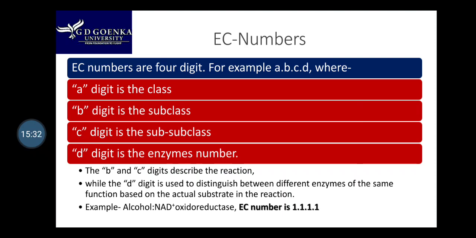So 1, the first digit, indicates the class of the enzyme, the second and third indicate the subclasses, and the last number is the enzyme number. Under the subclass 1, the first enzyme is the alcohol NAD oxidoreductase. So the last digit indicates the enzyme number under the subclass.